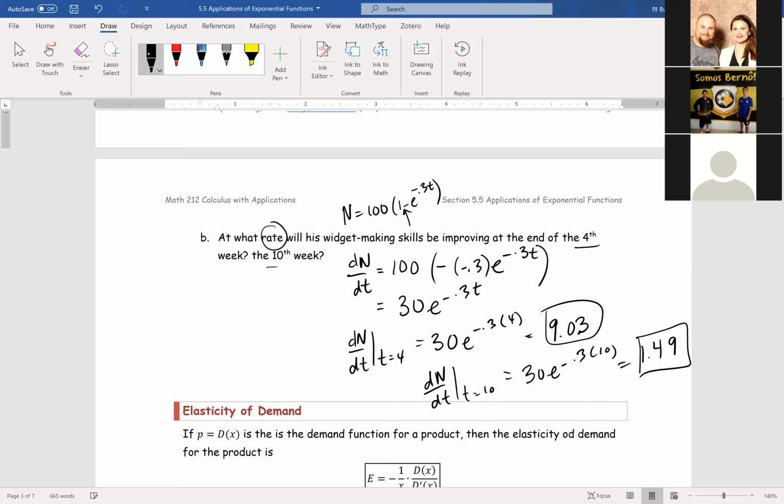So because it's leveling off, right, he's going to be producing about the same amount after 10 weeks. He's only going to be producing about 1 to 2 more at that point per week.